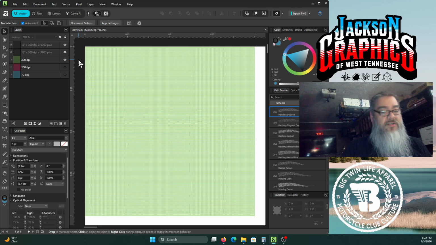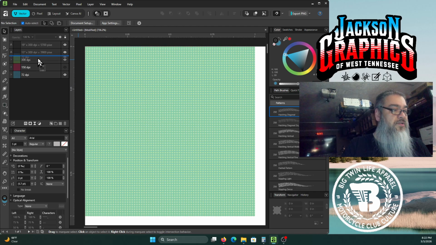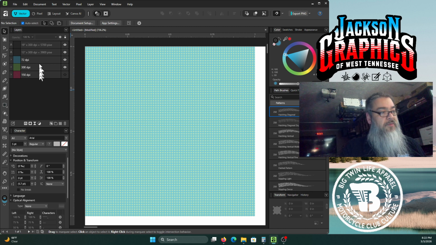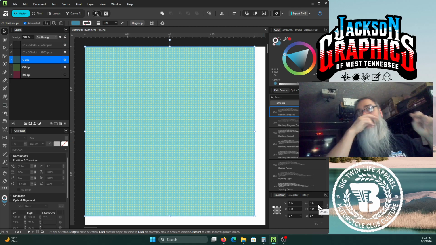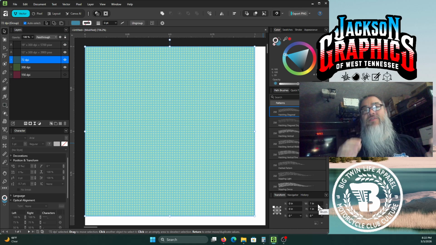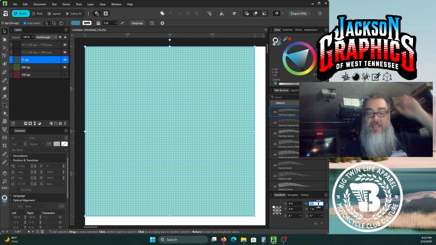Now I'm going to try to demonstrate that. I'm going to turn on this 72 DPI and put it in front of the 300. Now what I'm going to do is take this 72 DPI image, and I want to convert it to what it would be like if I tried to put it into a 300 DPI document.